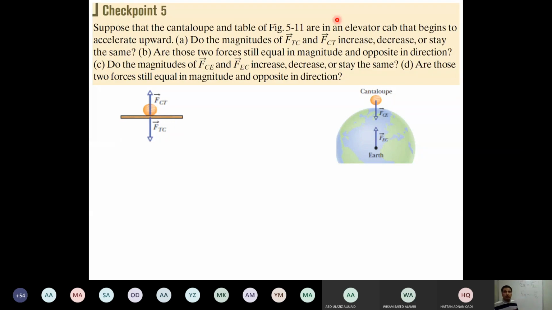Do the magnitudes of FTC and FCT increase, decrease, or stay the same? What is your take on it? Decrease, because the gravity will be low.